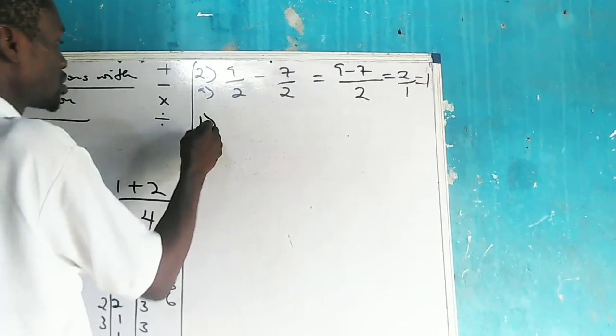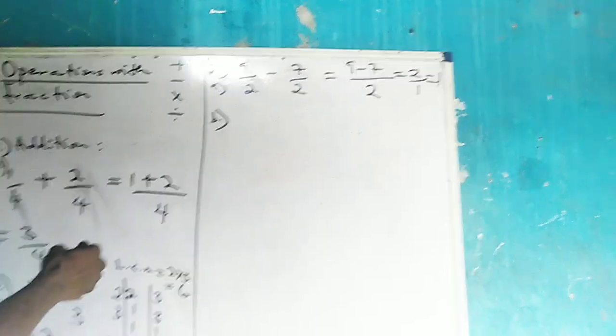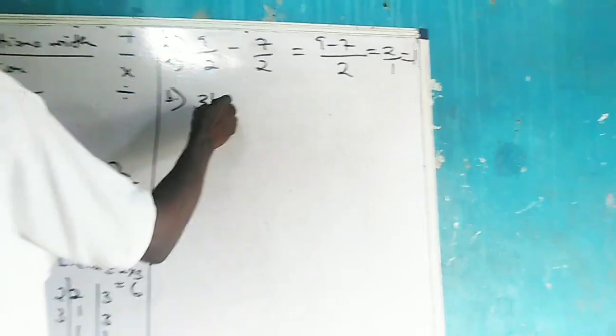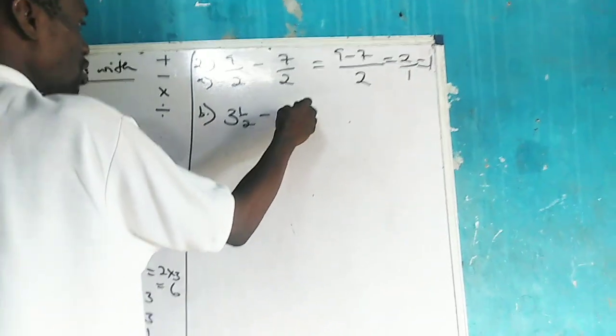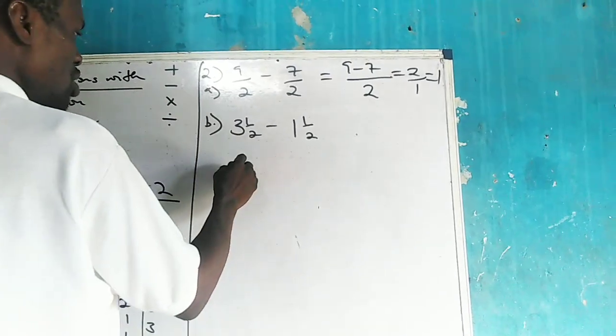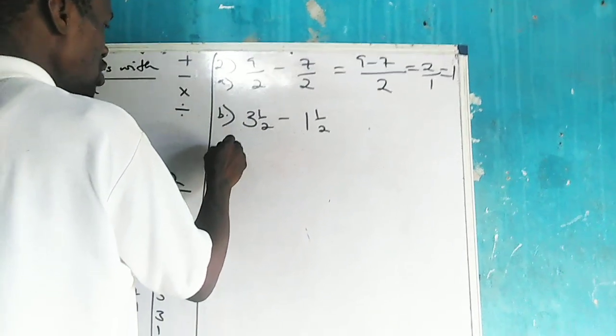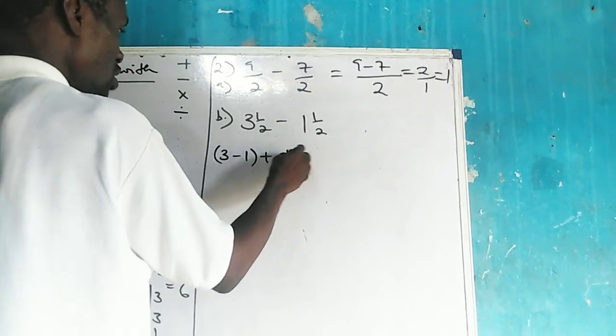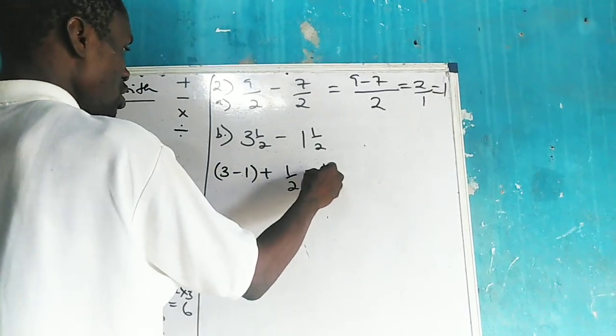Then for the B, subtraction, I have 3 whole number 1/2 minus 1 whole number 1/2. Are you seeing this? I could do it alternatively like this, 3 minus 1, plus 1/2 minus 1/2.